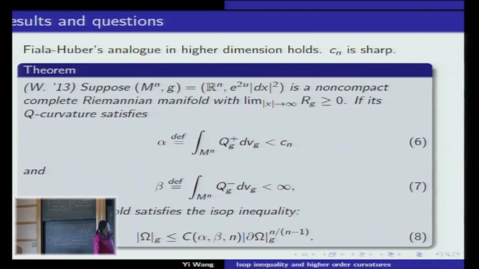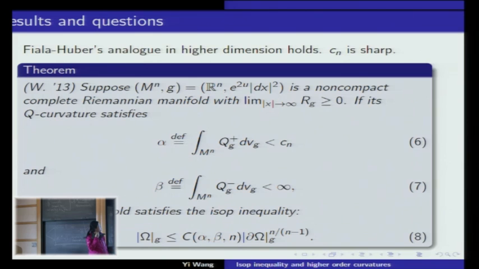Here it says that as long as the integral of the positive part of the Q curvature is strictly less than Cn, and if you also assume the negative part of Q curvature is integrable, then you have the isoperimetric inequality. In this inequality, the constant only depends on those integrals of Q curvature. It doesn't depend on the metric itself, and it depends on the dimension n.